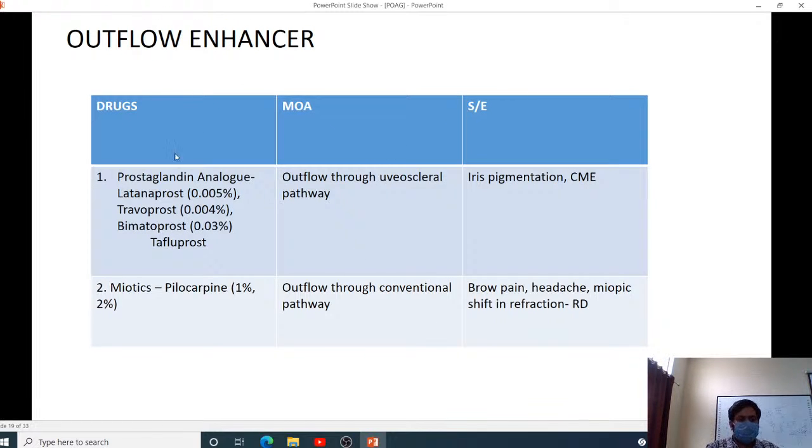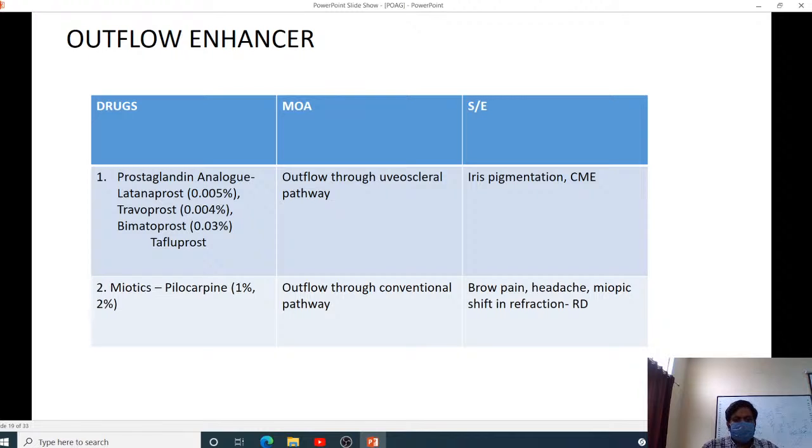Coming to outflow enhancers, there are two drugs available. First is miotics, that is pilocarpine. It is available as 1%, 2% eye drop, or up to 25% pilocarpine is also available. What it does, it causes pupillary constriction, because of which the outflow through the conventional pathway increases.